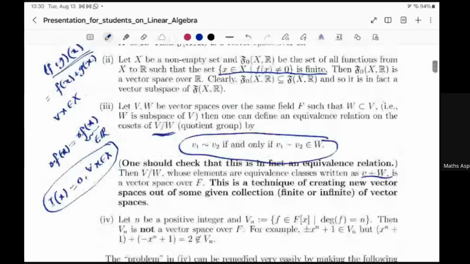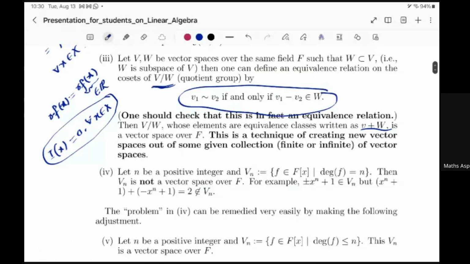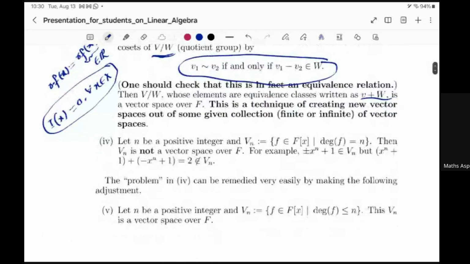Now we have the first three examples of vector spaces. So let me give you a non-example, something that is not a vector space. Pick one of your favorite numbers, n. When I say favorite number, I want you to pick a positive integer.